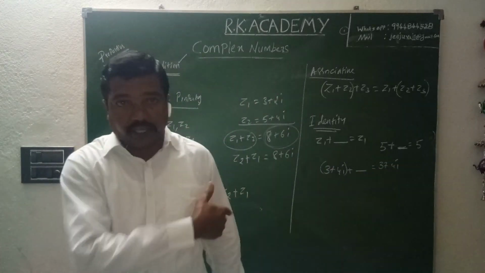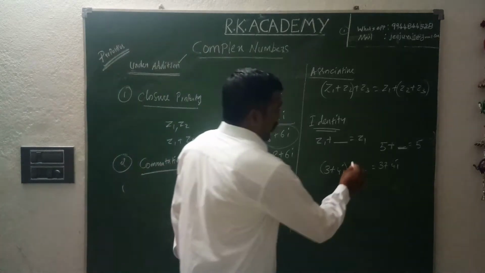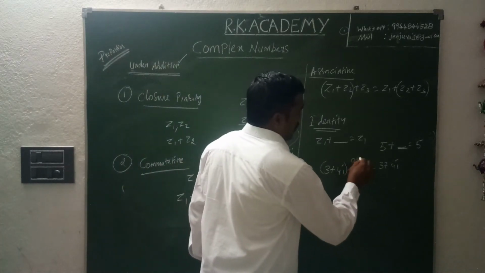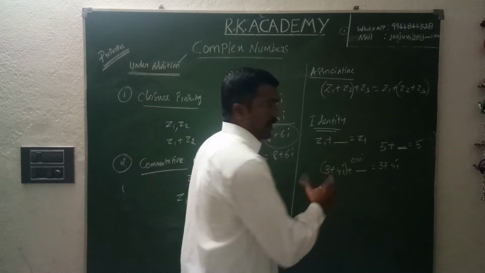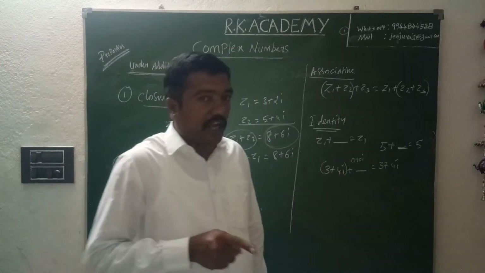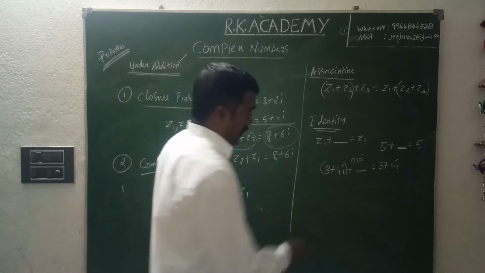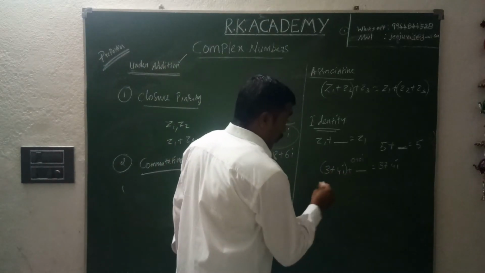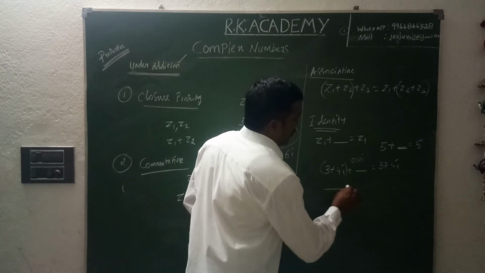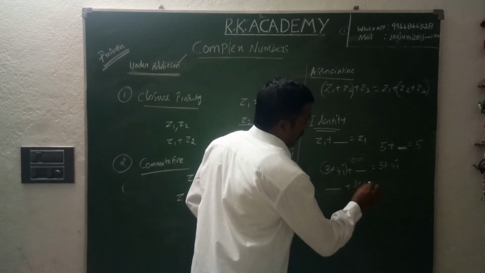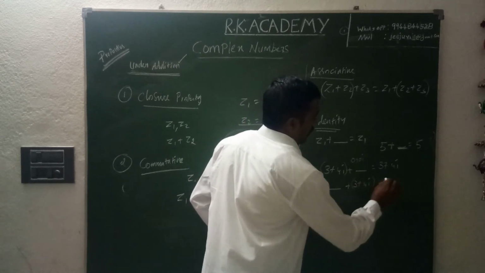What do you need to put here? Now listen. We are adding 0 plus 0i. It will never change because addition identity is 0. In the lower class itself we know about that. Okay. Here there is one more condition. Dash plus the same complex number is again a complex number.